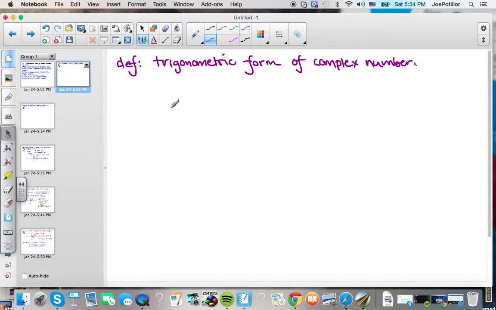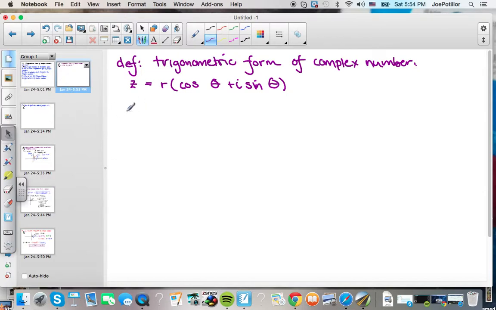The definition of the trigonometric form is going to be where z is equal to r cosine of theta plus i sine of theta. And we recognized r from earlier, which is called the modulus.